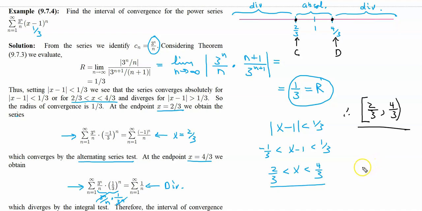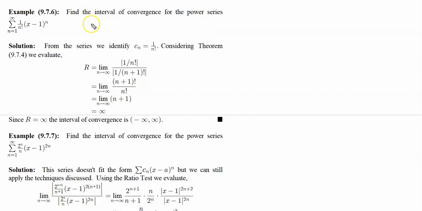Let's take a look at another example. Now here we want to determine the interval of convergence for this series. So the summation of x minus 1 to the nth power divided by n factorial. So looking at this series, we identify that the Cn terms are the 1 over n factorial.